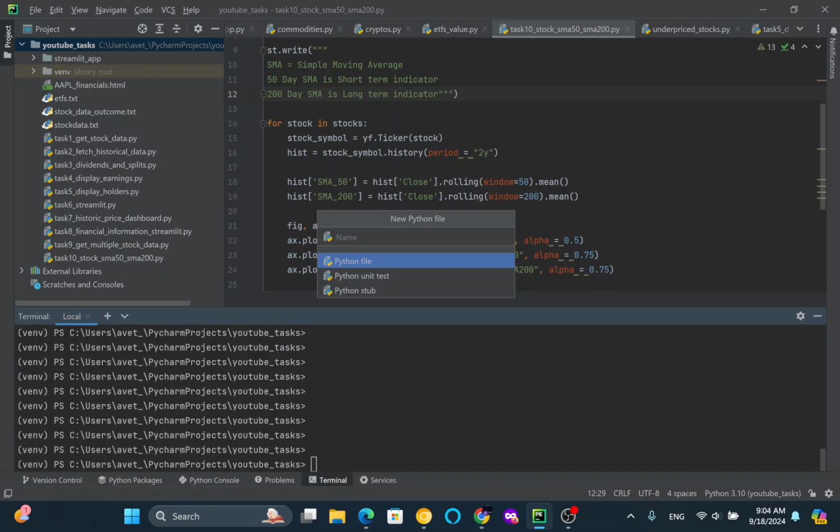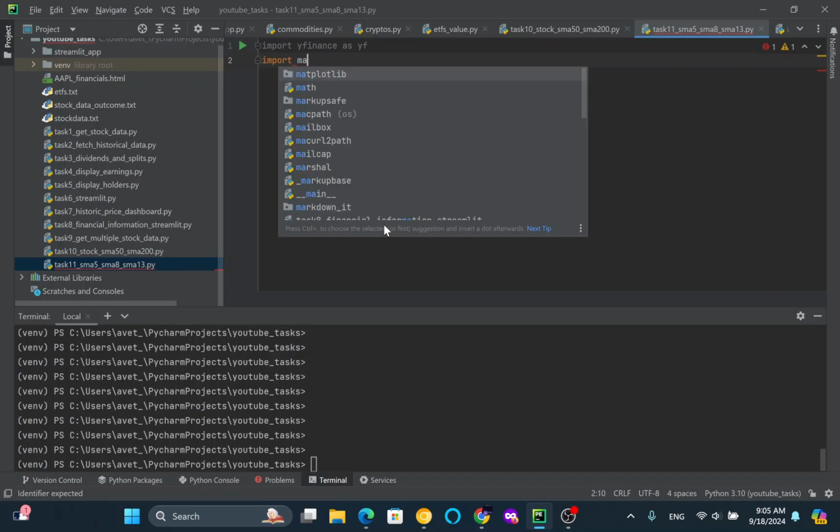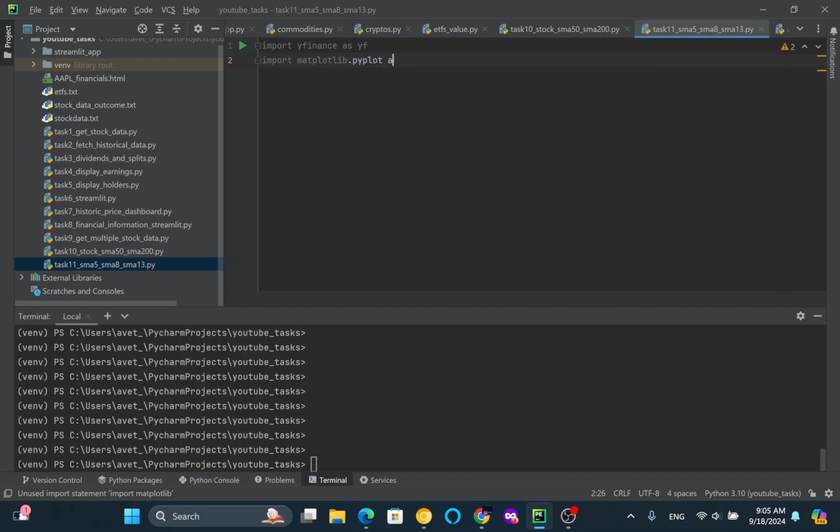Task 11, SMA5, SMA8, SMA13. Okay, let's start by importing. Selecting a ticker, let's select today something other than Apple, like Amazon.